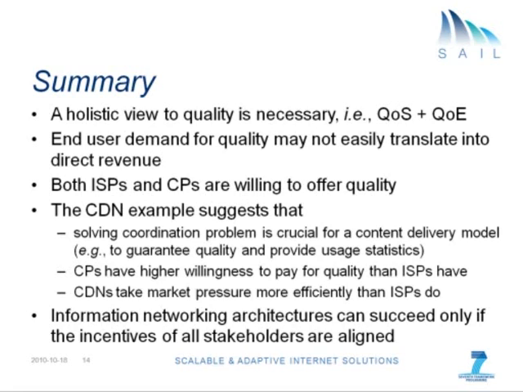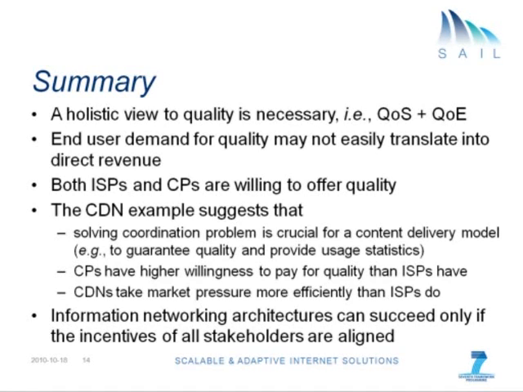Based on the trend analysis, we found out that both ISPs and content providers are willing to offer quality. And the question is how they can do that. Then we examined the CDN example and the value network of CDNs, and also the two-sided markets of CDN. There, the example suggests that solving coordination problems is crucial for a content delivery model.